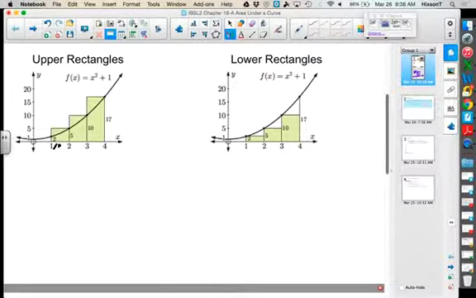Now, what are we talking about when we're dealing with upper rectangles? Well, basically, the idea is this. We take the interval that we're working with, and we cut it into strips of equal width. So you'll notice I made rectangles here, and each of those has a width of 1.